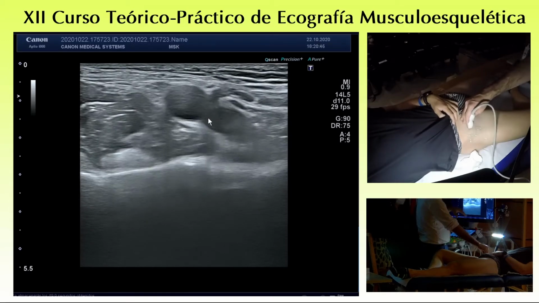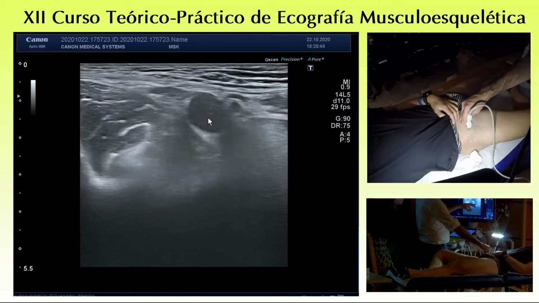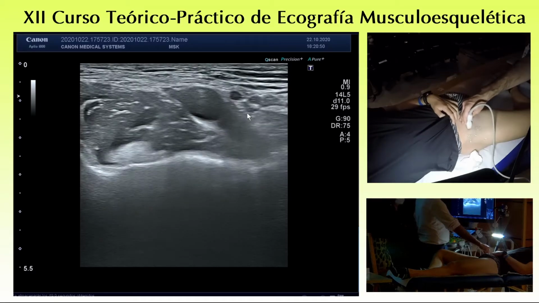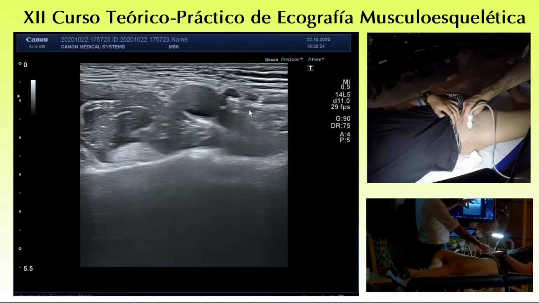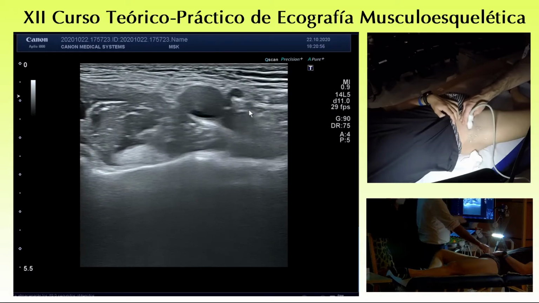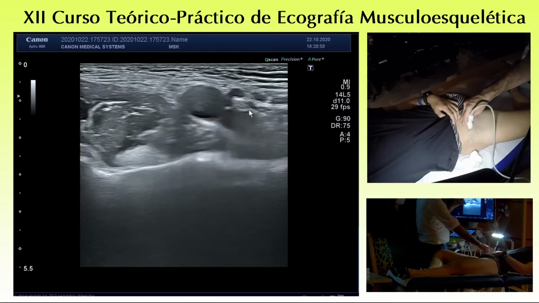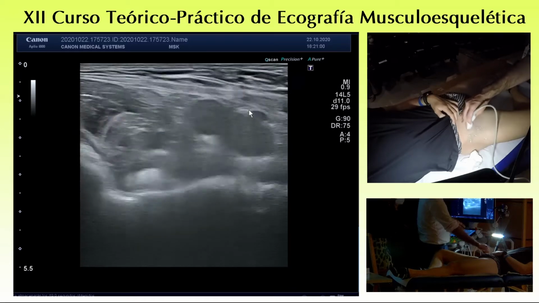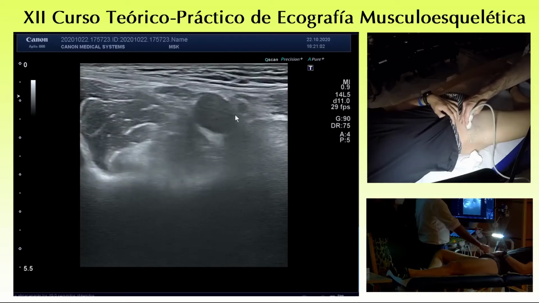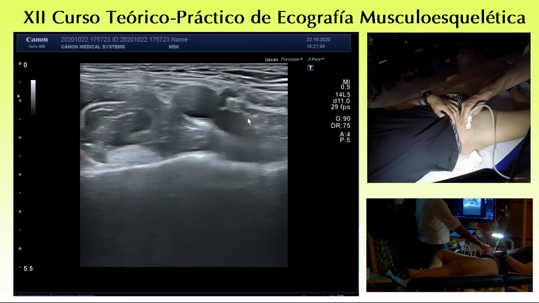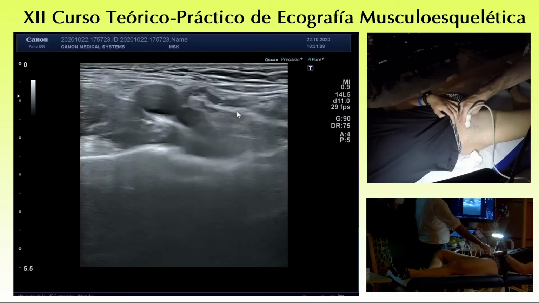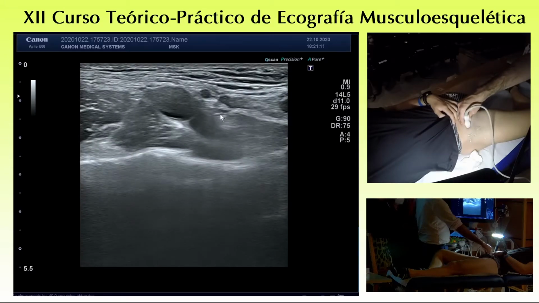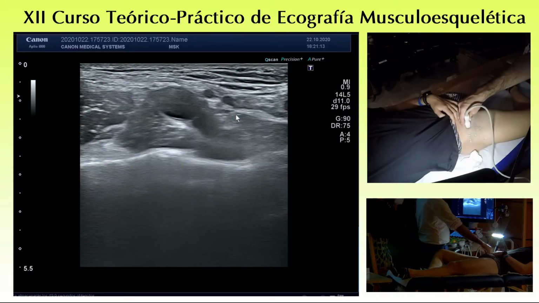On the contrary, when you ask to perform a Valsalva maneuver at this level, you see either a bulging of fat tissue, or you see that the vein doesn't enlarge. This is a sign of the presence of a hernia, okay? And remember that you have to go a bit more cranial. So you see the pectineus here, you go more cranial with respect to the pectineus. This is the possible portal of the hernia, okay?